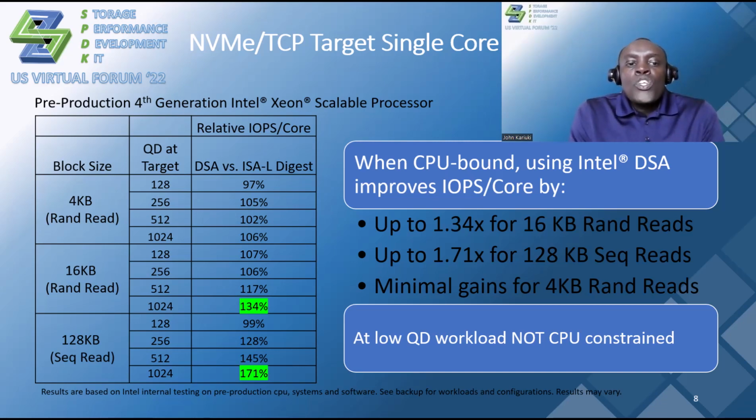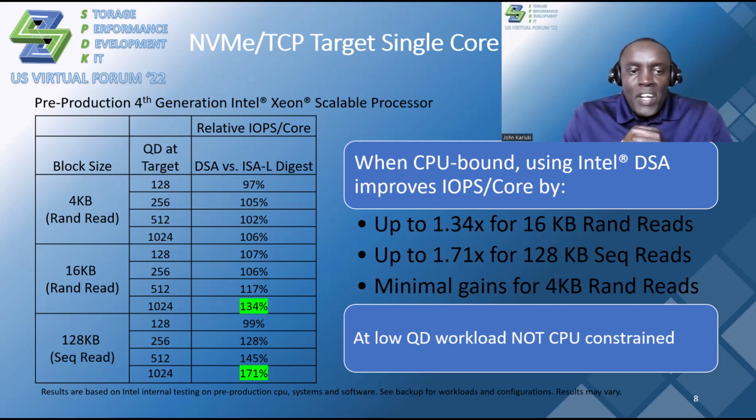And for each of these block sizes, we used 4 different queue depths: a queue depth of 8 per SSD, 16 per SSD, 32 per SSD, and 64 per SSD. So since our target system has 16 NVMe SSDs, those queue depths translate to a total queue depth of 128, 256, 512, and 1024 on the target side.